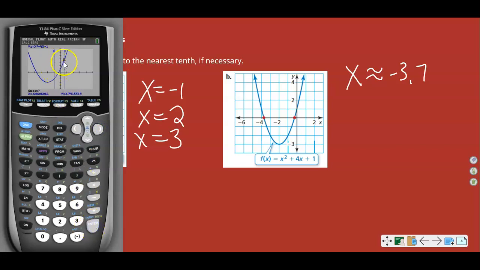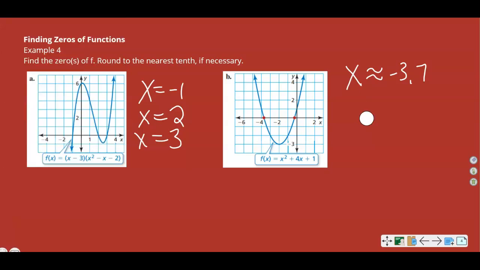Again, these lines isolate that area, so it knows I'm looking for the zero within that area. This one did say 0 this time, and x is negative 0.26.